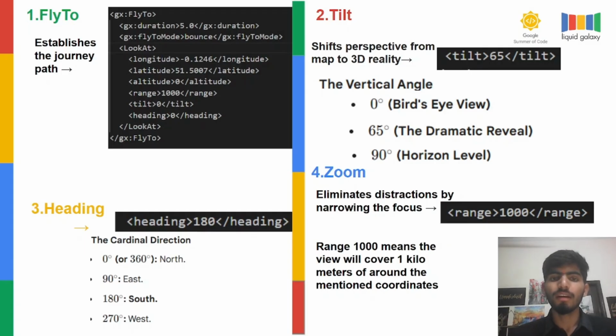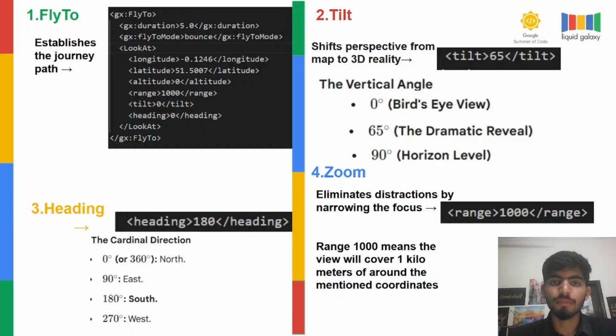These are all the views which will decide the user's experience while the virtual tour is going on. The third component is heading. Heading is also passed in a fly to where we give the user a direction. In this also the angle is passed, and the angles will provide the specific direction like north, east, west, south.